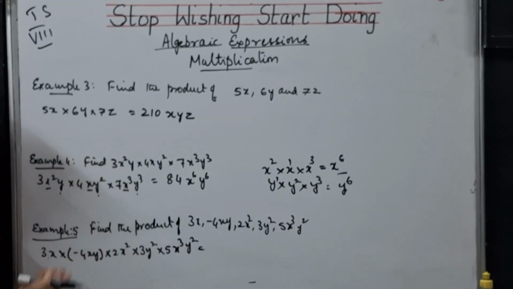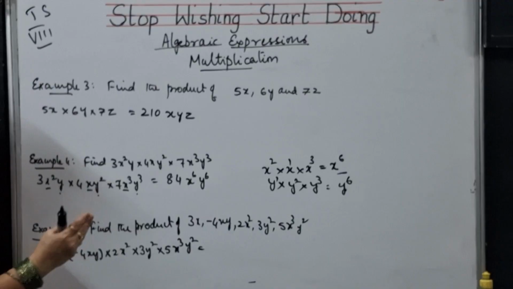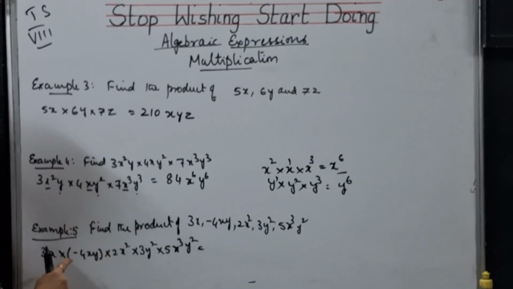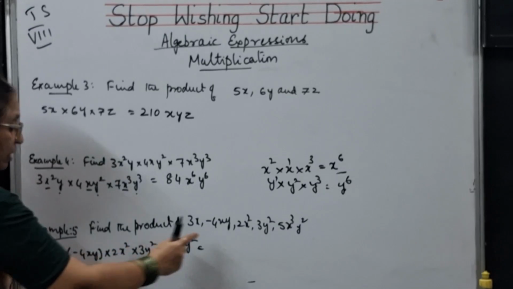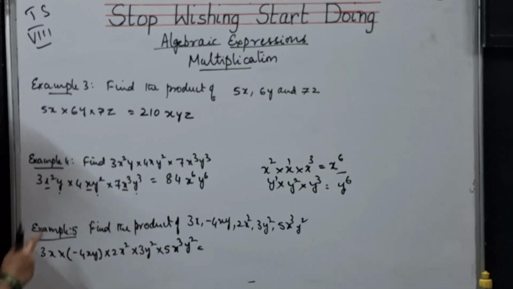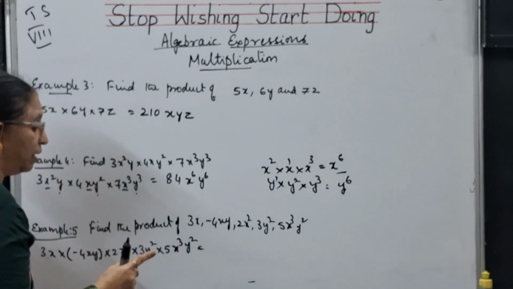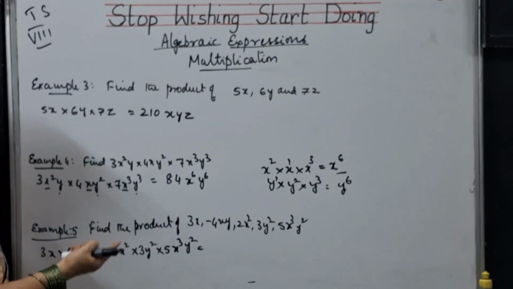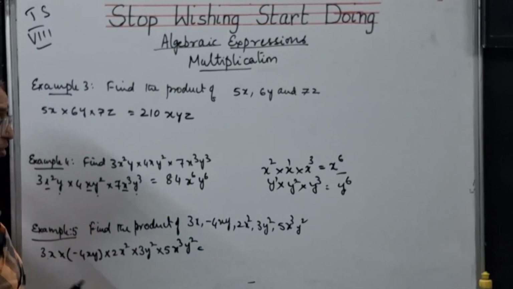Because see, you have only two signs. One is minus, one is plus. If it is not minus, it is plus. So whatever lengthy problem is given to you with different minus signs and plus signs, don't panic. Just count how many minus signs are given in the problem. If minus signs are even in number, the answer will be plus only, because if you multiply, you are going to get plus sign only.